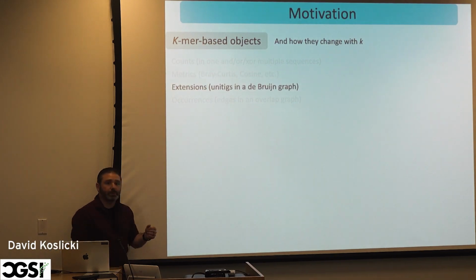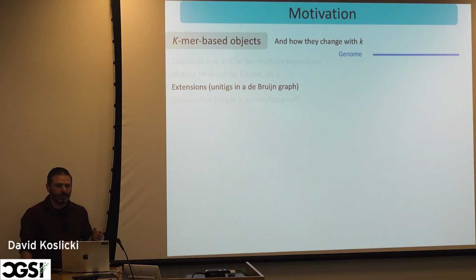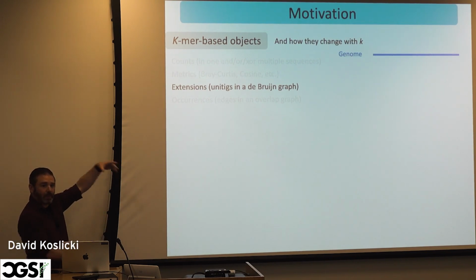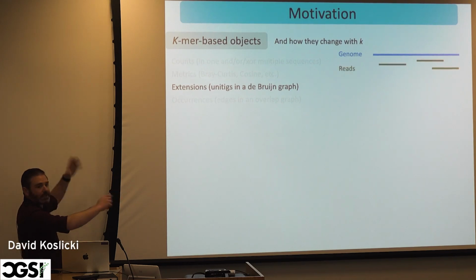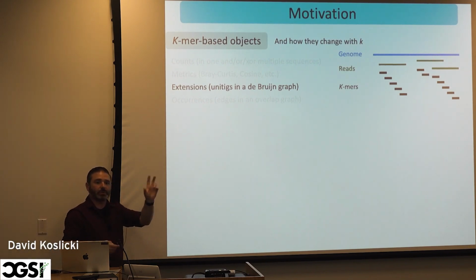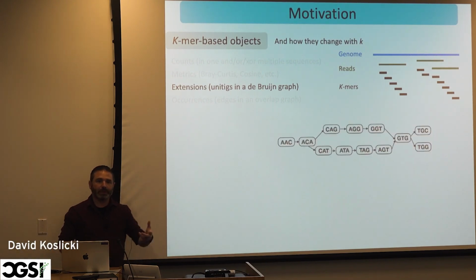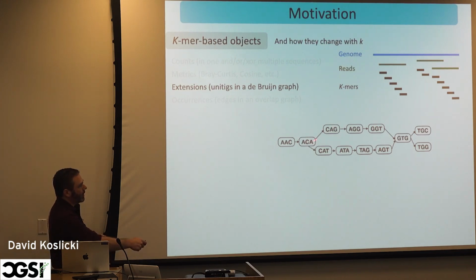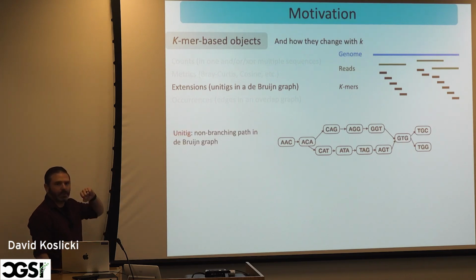And then we move on to de Bruijn graphs. So extensions. Recall what a de Bruijn graph is. We have our big old genome. Let's say that you sequence it with a bunch of reads, and you take the k-mers from all of those reads. The de Bruijn graph has nodes which are k-mers, and the edges between them represent that the tail overlaps with the head of all but one character in that k-mer. This would be an example of a de Bruijn graph. And then I'm going to be interested in unitigs.